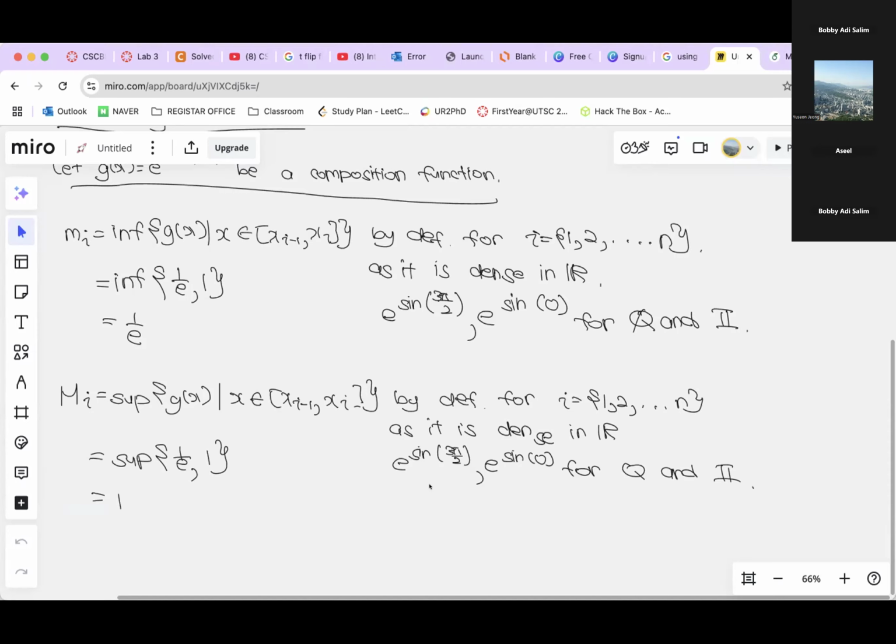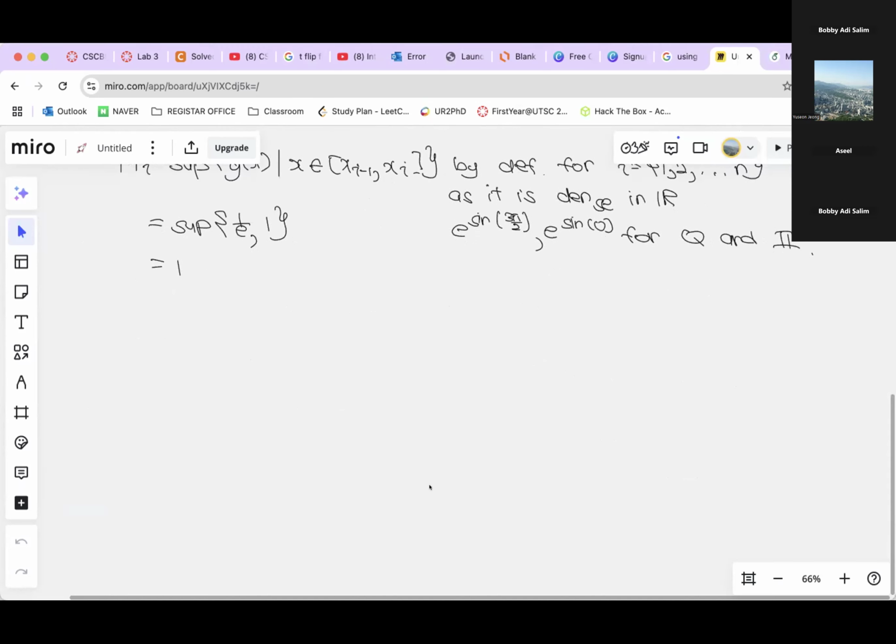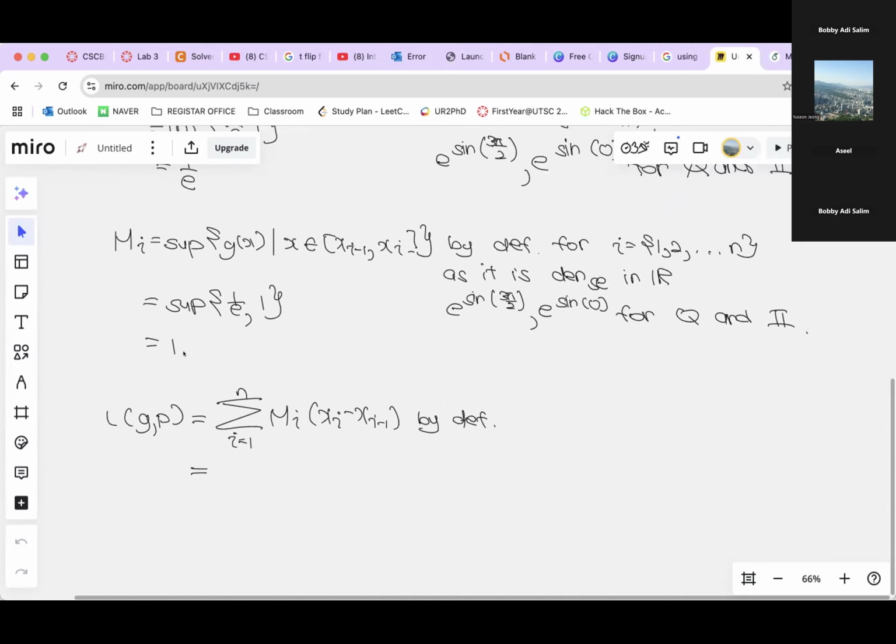And let's go into getting the L of G, P and U of G, P. So L of G, P is equal to the definition, which is the summation of i equals 1 up to n of the small mi times xi minus xi minus 1. And it's important to place here by definition. So what do we know about the value of mi? Over here, we wrote in here, it's 1. Is it required to write? Yeah, it's required.